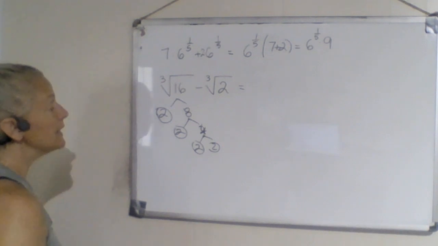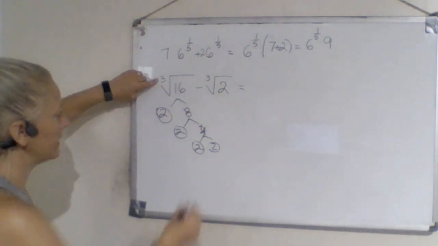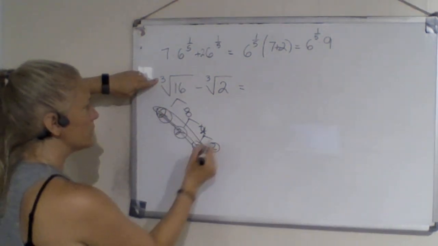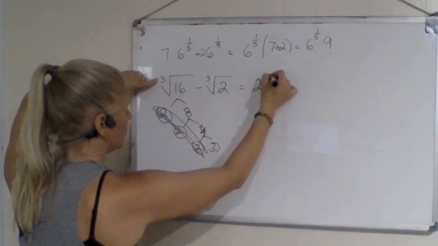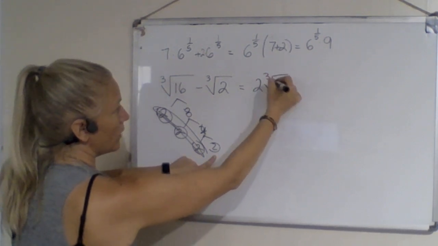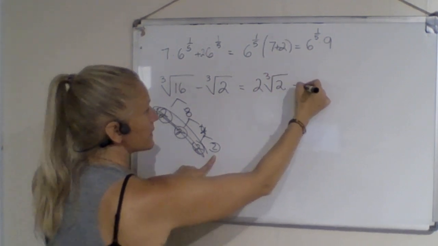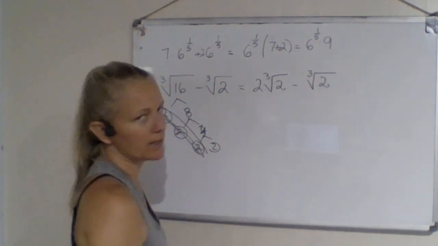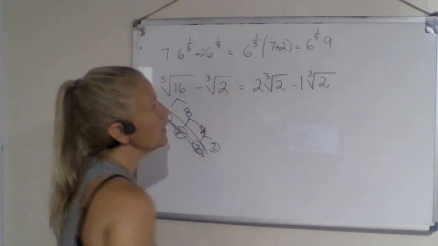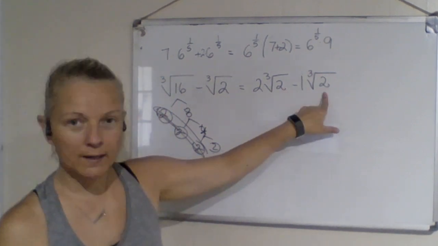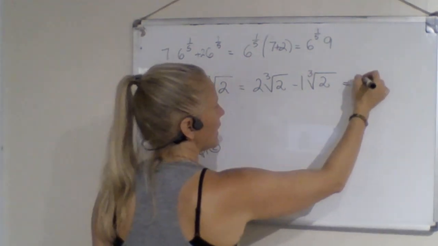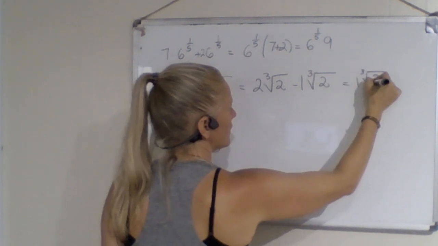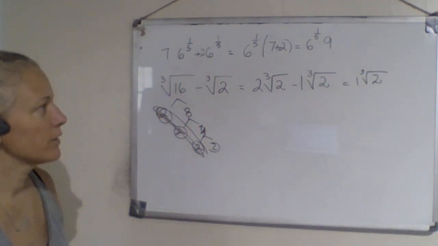All primes. I need 3 of a kind to pull one out. I do have 3, so I can pull one out and get 2 times cube root of 2, minus cube root of 2. If you need a number in front of it, you can put a 1 here. So I have 2 apples minus 1 apple.